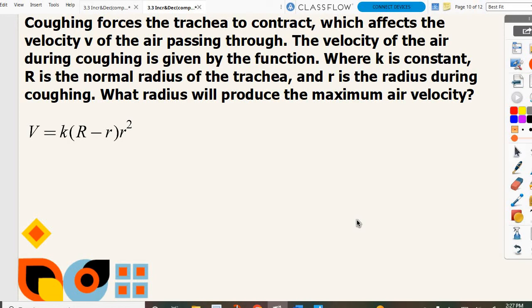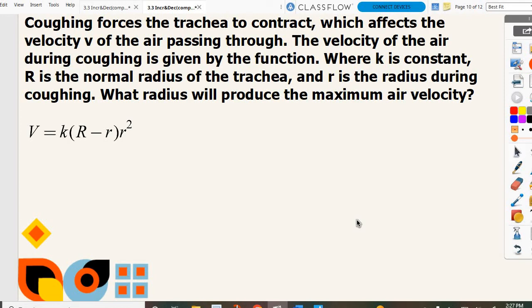The radius, the maximum of the velocity, right? So what have we been using that finds maximum for us? The first derivative rule. Yes. So we're going to need to take the derivative of that. However, what radius is going to be the one that is changing?